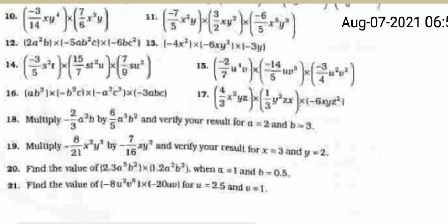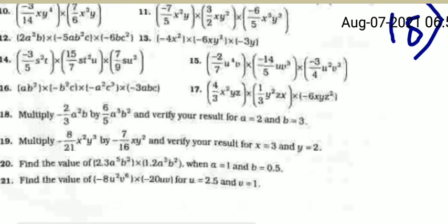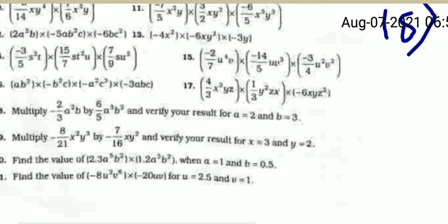Look at question number 18 and question number 19, both are the same type of question. So I am going to show question number 18. Here question number 18 tells: multiply minus 2 by 3 a square b by 6 by 5 a cubed b cubed.